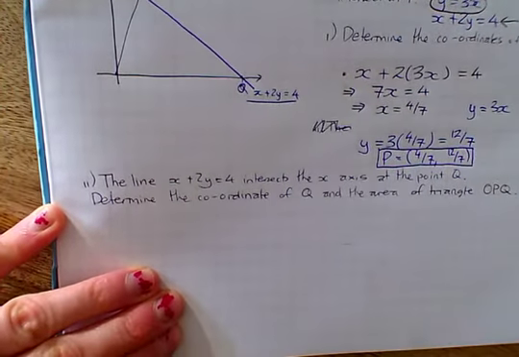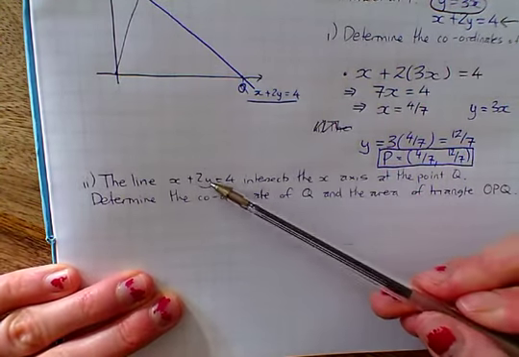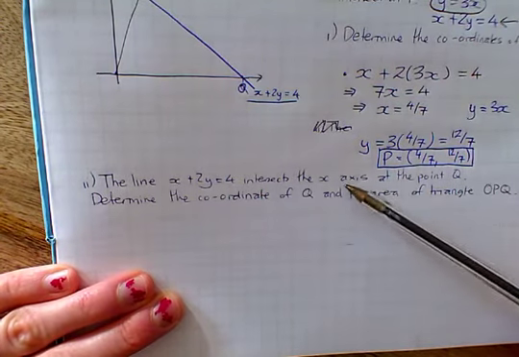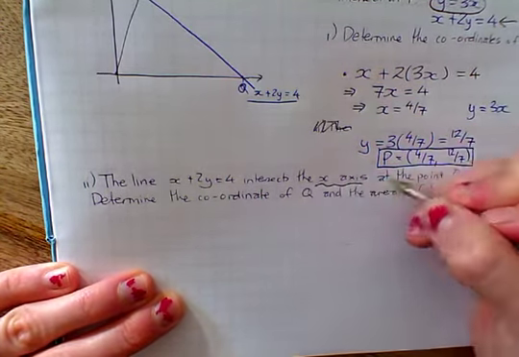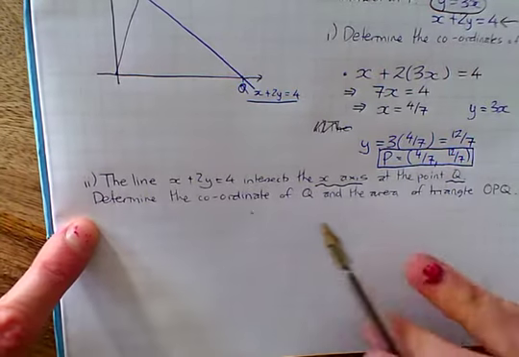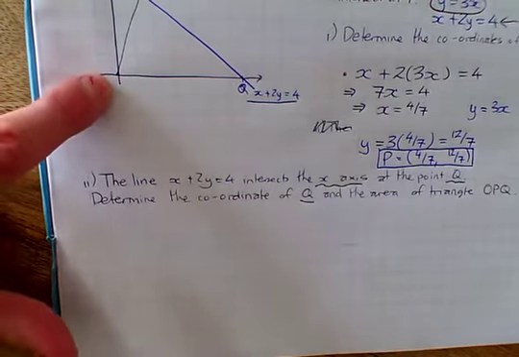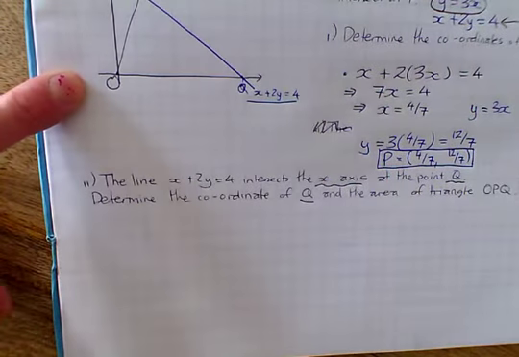The second part of this question says the line x plus 2y equals 4, which we can see is this line here, intersects the x-axis at point Q. Determine the coordinate of Q and the area of the triangle OPQ.